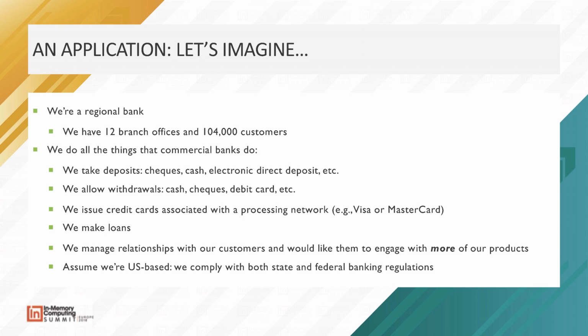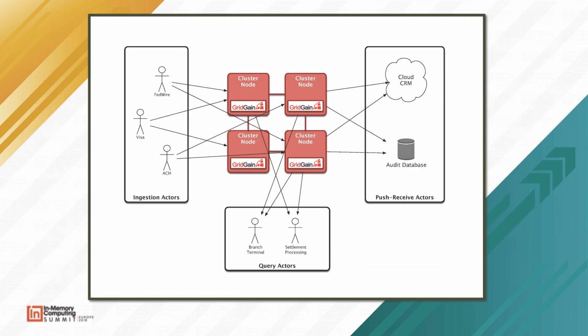We issue credit cards associated with a processing network like Visa or MasterCard. So you might have a Lloyd's TSB Visa card, for instance. We make loans. We manage relationships with our customers because we'd like them to engage with more of our products, right? If you have an auto loan and you have good credit, we'd like to offer you a mortgage.